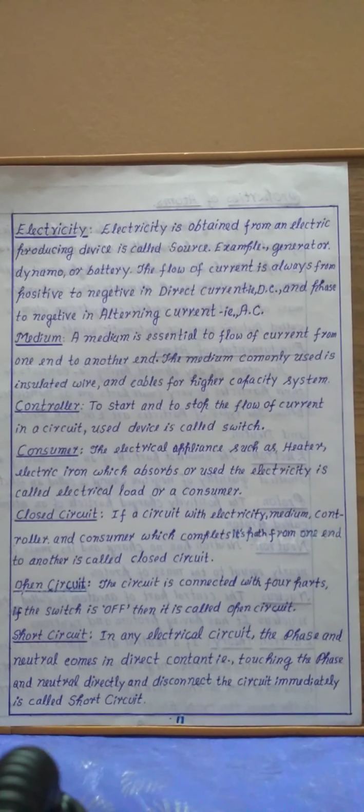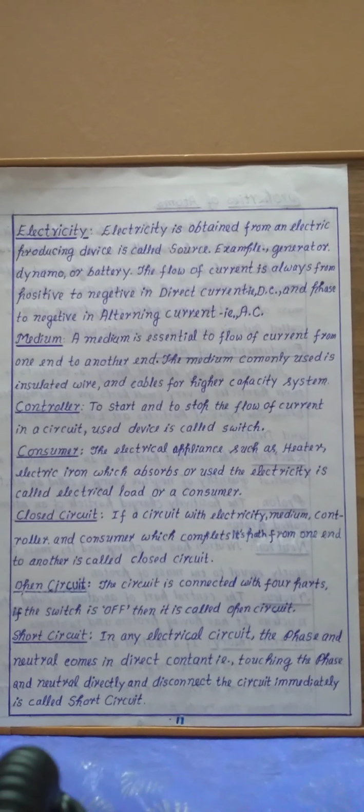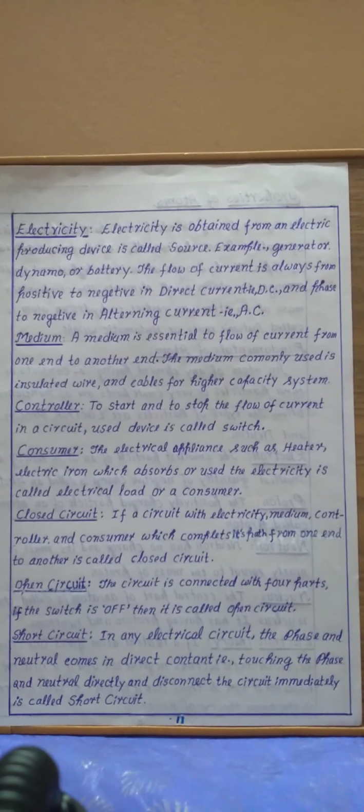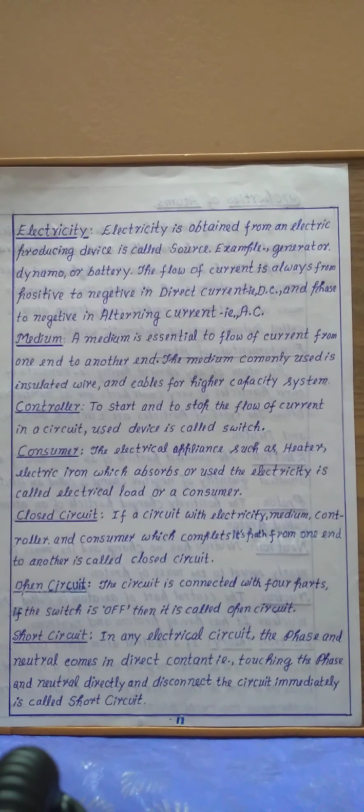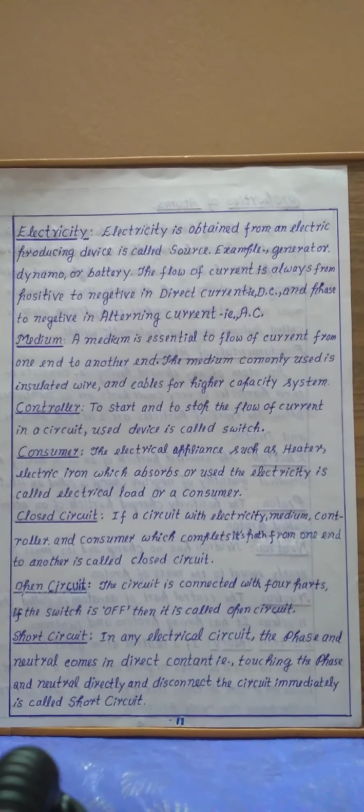The next one is medium. A medium is essential for the flow of current from one end to another end. The medium commonly used is insulated wire and cables for higher capacity systems.